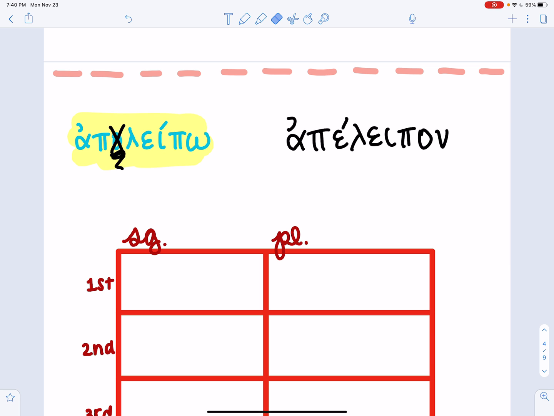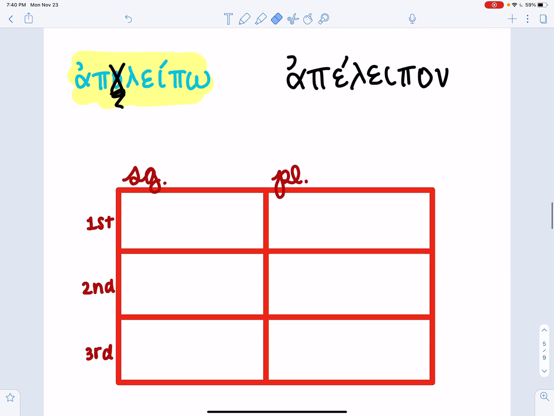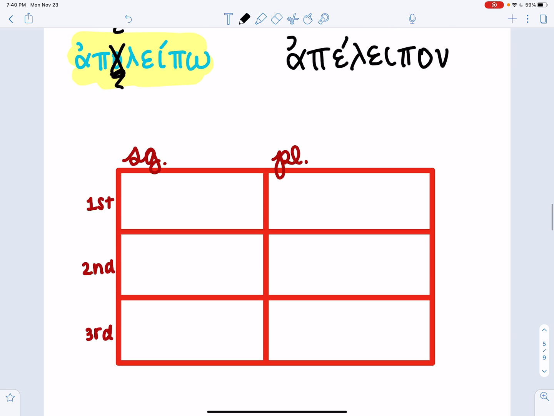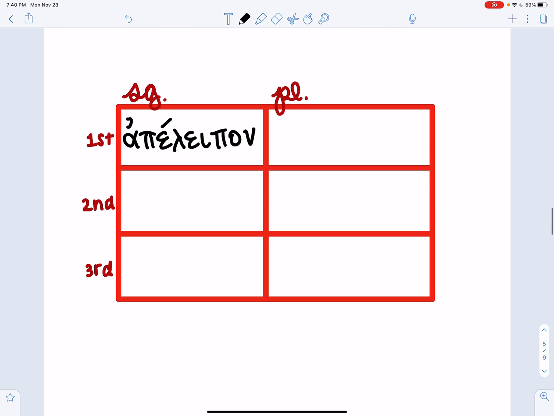So now let's start. First person singular. So we've already written it here. Apelepon. Second person singular. Lepes.